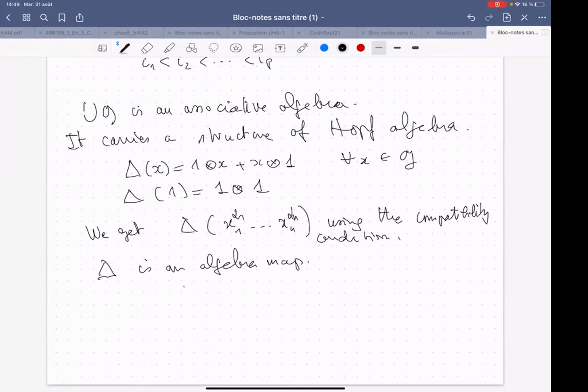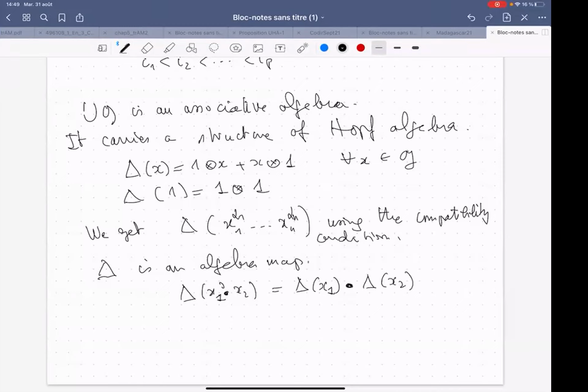Then delta of x1 x2 is delta of x1 times delta of x2 in the tensor product.